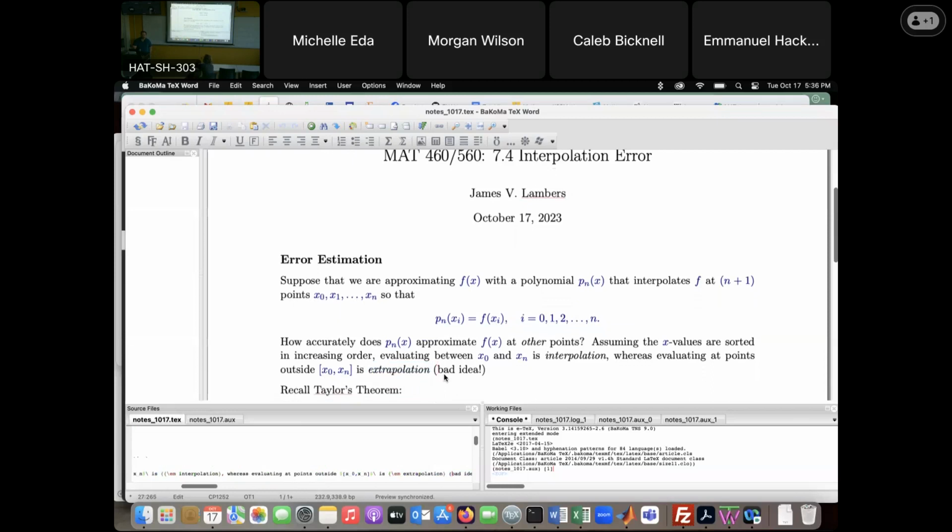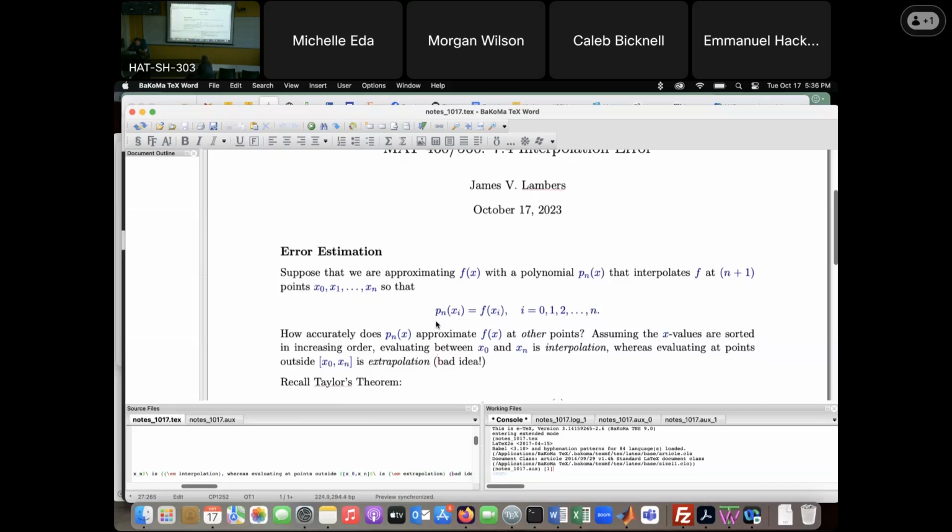Generally a bad idea, because you're fitting given data, and who knows how the polynomial or function is going to behave at points outside of the interval containing that data. But we're mainly interested in, we just want to call it interpolation. We want to see how our polynomial behaves at x's between the given ones. Okay. And this is something that we'll be able to quantify.